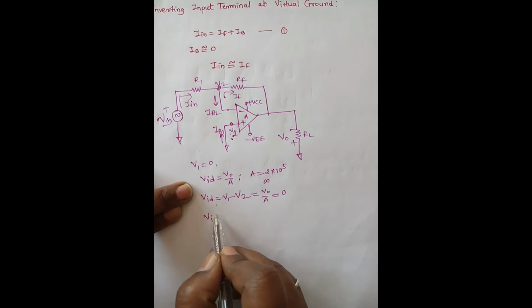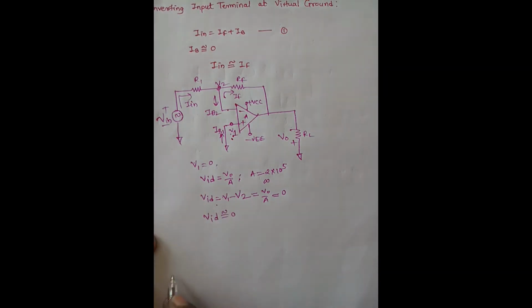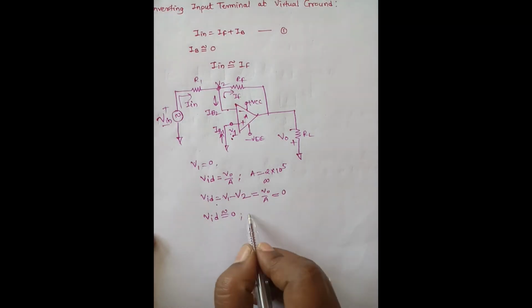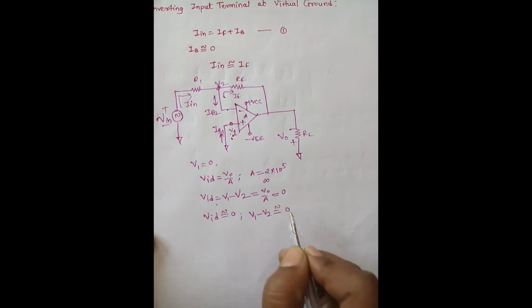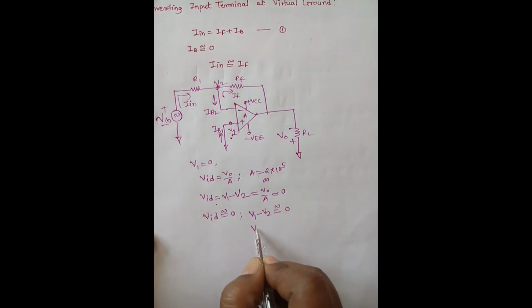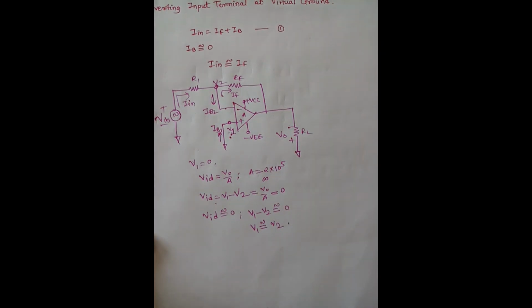So VID is approximately equal to 0. If VID is approximately 0, this means V1 minus V2 is equal to 0. Hence, we can write V1 is approximately equal to V2.